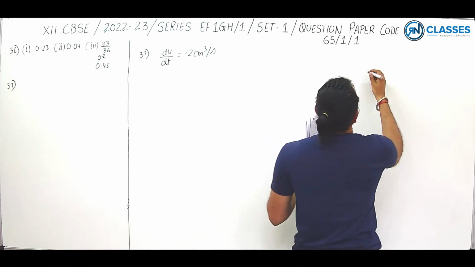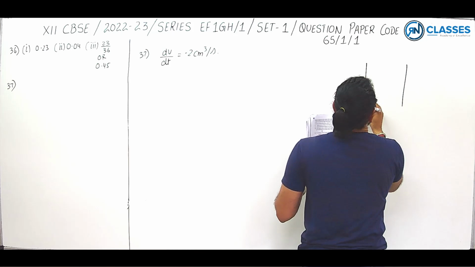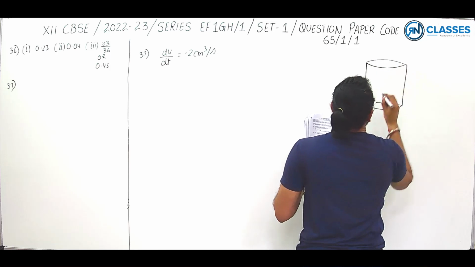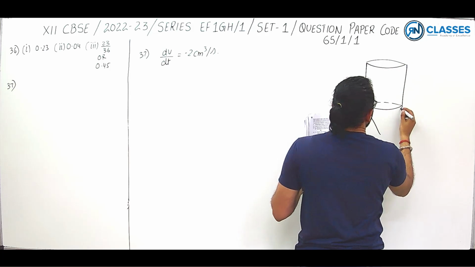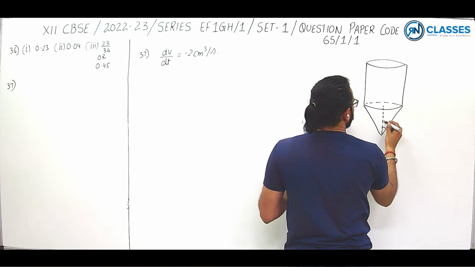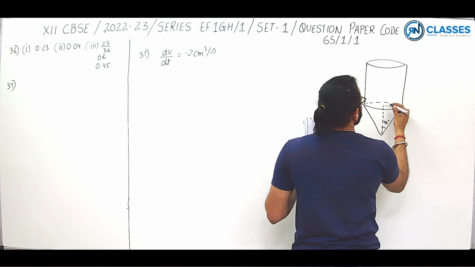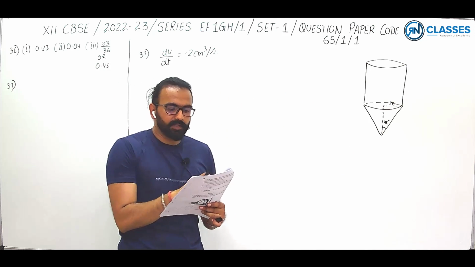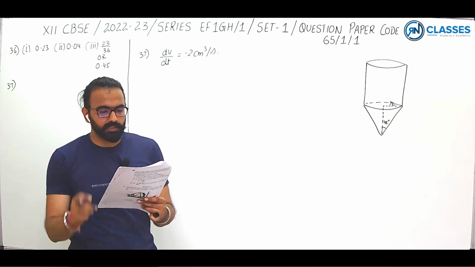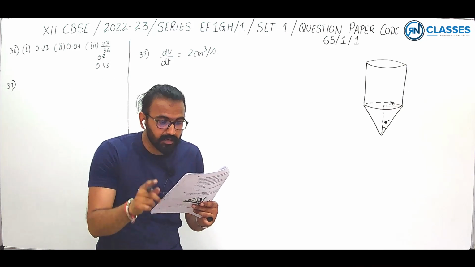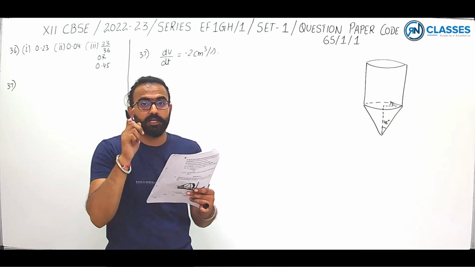So I will draw the shape here, a cylinder with conical part, and this semi-vertical angle is 45 degree. Let this be say radius r. Next, on the basis of the given information, answer the following questions. The first part says find the volume of water in the tank in terms of its radius r.